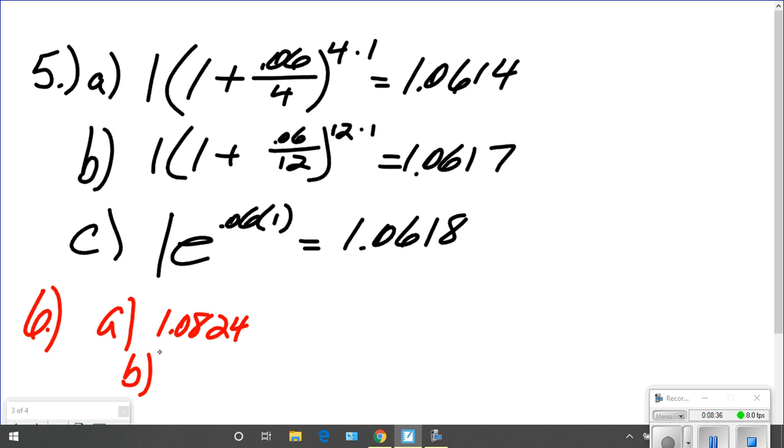For B, the answer was 1.0830, and of course, I would want to see your equation for that. And for C, 1.0833. And of course, I would want to see your equation for that. Okay, so that's number 6. Let's keep trucking.